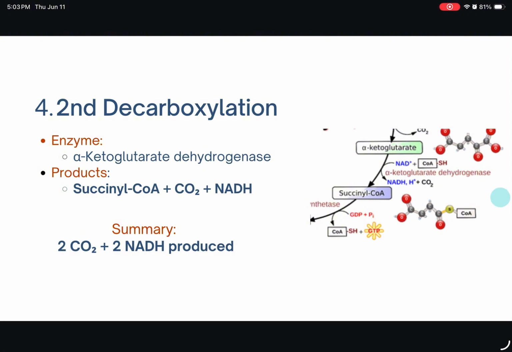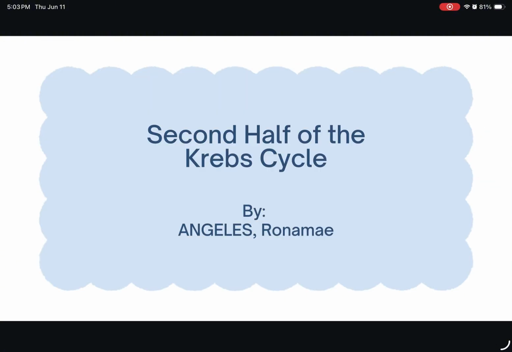So it becomes succinyl-CoA, which holds a high energy chemical bond. To summarize my part for the first half of the Krebs cycle, we have released 2 carbon dioxide molecules and formed 2 NADH that will be used later on to make more energy.